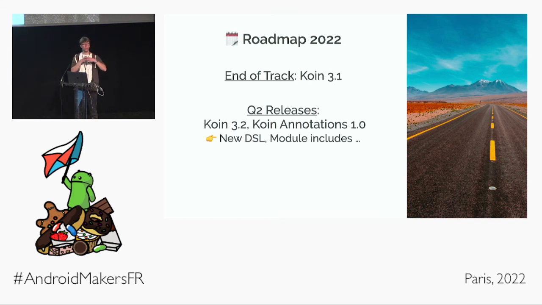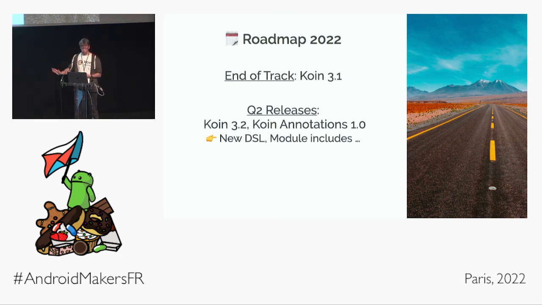We want to target the constructor of your classes directly, and then you won't have to update your configuration if you update your classes. And this is a really good thing, because in the community, when some were talking about Koin, they would say, okay, there's a configuration with get, and then with the new Koin version, you won't have to do that anymore.